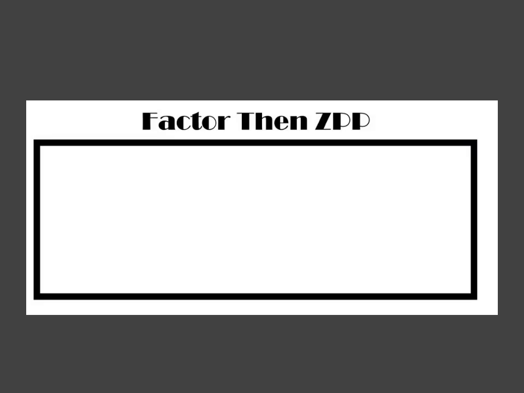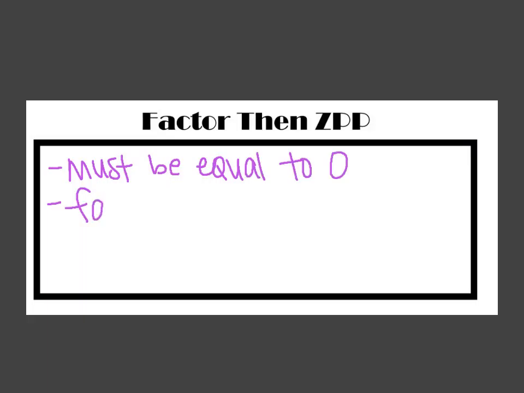The first thing that you need to do, if you're going to use ZPP, is make sure that your equation is equal to 0. Then you're going to factor the quadratic, and then you can use the zero product property, which is sometimes called ZPP.